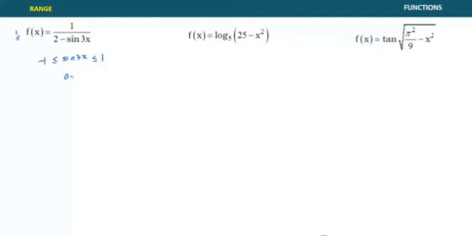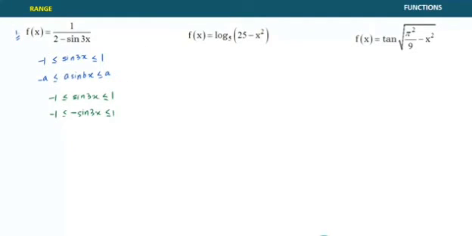So for example, if I have to convert this into a formula, a sine bx will have its range from -a to a. Got it? So now coming back to our question, it is only having sine 3x, right? So sine 3x will lie from -1 to 1, and you have minus sine 3x. So for minus sine 3x, it will be again from -1 to 1, right?